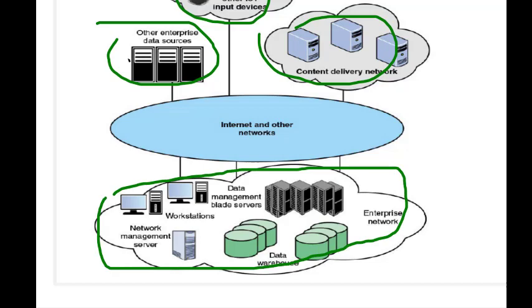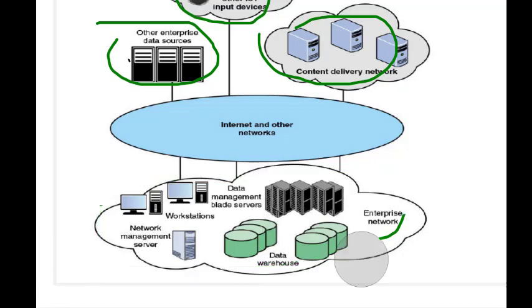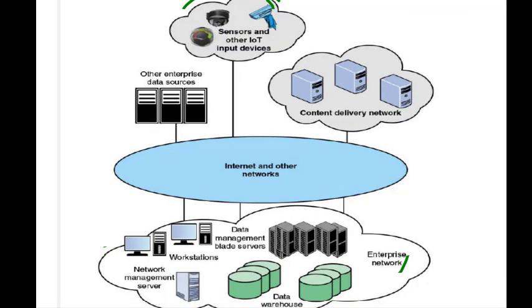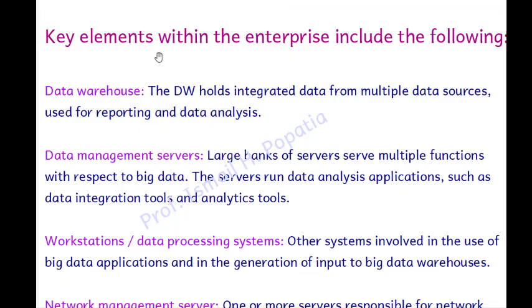Here we have various workstations, blade servers, network management servers, then data warehousing and enterprise networks. So this is the particular ecosystem of big data, which can be connected through the internet or maybe any private network. Okay, so these are the key elements within the enterprise which we have seen.